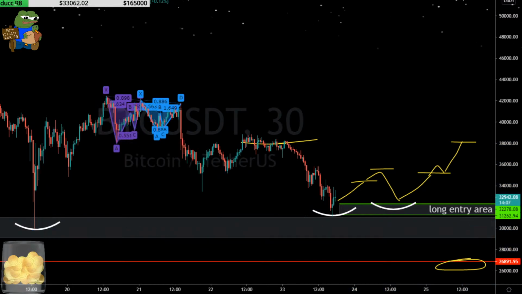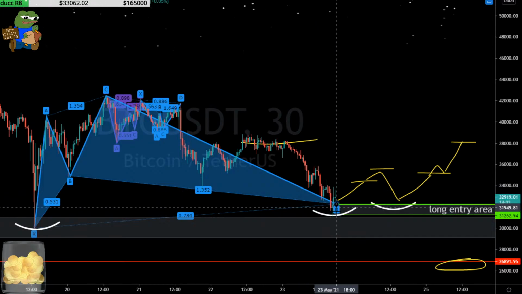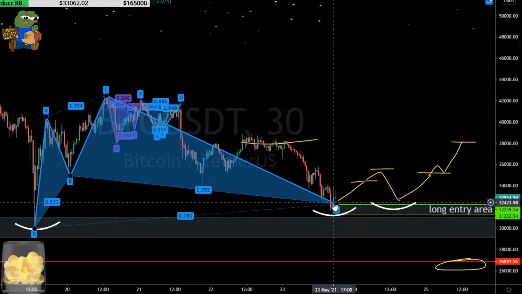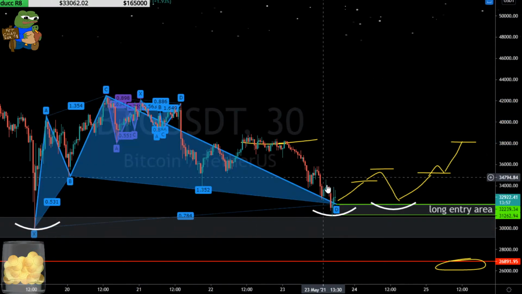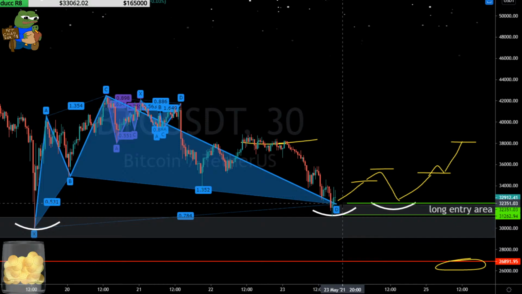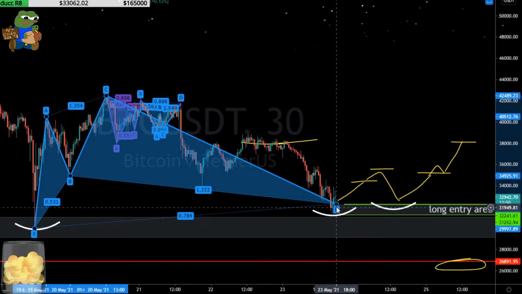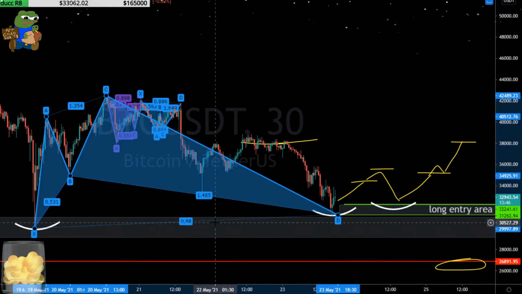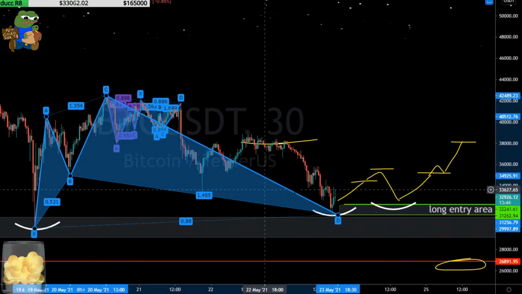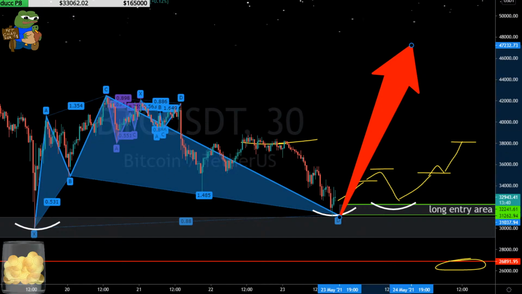So what's better is this shark, the one that stays at the 886, is better because, gosh, I can't grab what I'm trying to grab. The one that stays at the 886 is more bullish and can act as a bullish reversal in itself, okay?